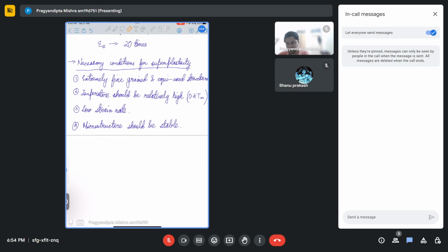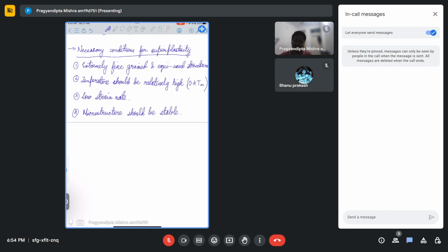So finally, now that we know that there's a relation between flow stress and strain, and flow stress and strain rate, let's write a combined equation that takes into account the strain and strain rate together. Combined effect of strain and strain rate.